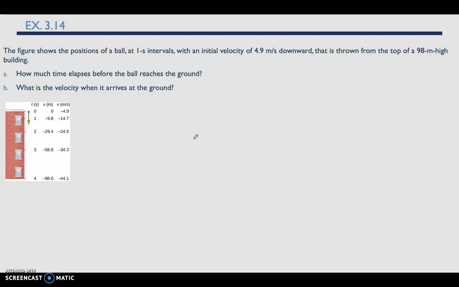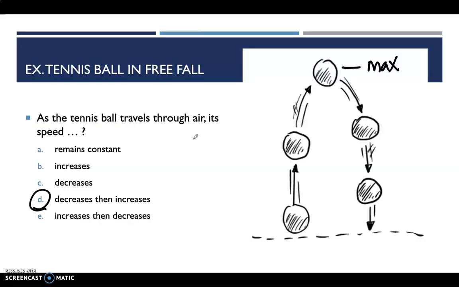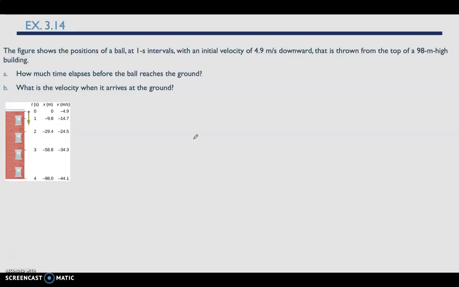Now, instead of doing some more of these theoretical examples, I'm going to go ahead and give you an example from the book. This is example 3.14. The figure shows the positions of a ball at 1 second intervals with an initial velocity of 4.9 meters per second downward that is thrown from the top of a 98-meter high building.